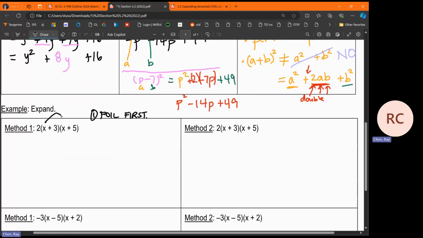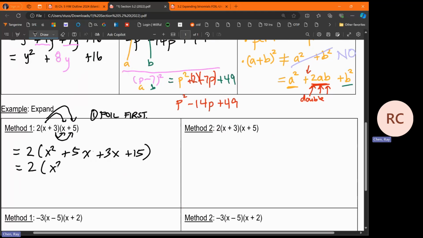And you're allowed to do this because multiplication is what's called commutative. So x times x, x squared, x times 5, 5x, 3 times x, 3x, and then 3 times 5, 15. Collect the like terms: x squared plus 8x plus 15.